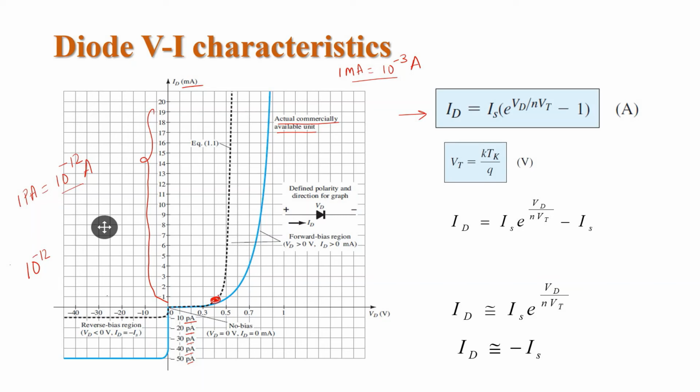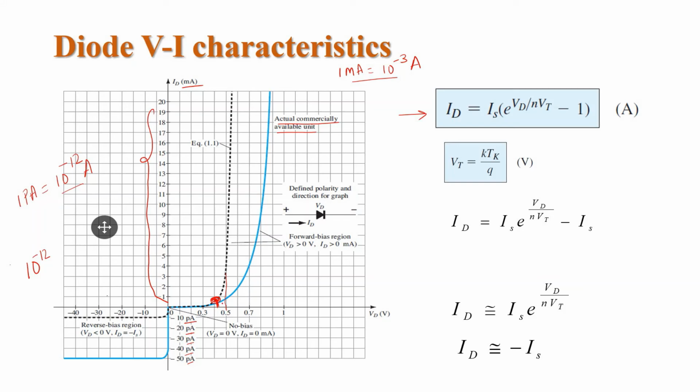But once this threshold voltage is crossed, when VD is beyond this threshold voltage VT, the ID is increasing enormously. For a small change in VD, the ID is changing enormously. So it is giving a considerable amount of current ID through the diode for these levels of VD.